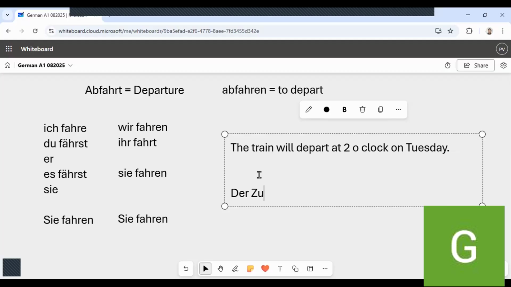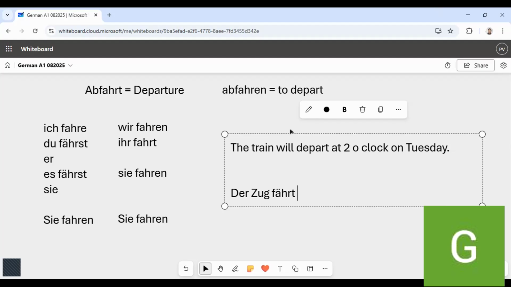Der Zug. Yeah, very good. The train will depart at 2 o'clock on Tuesday. Der Zug. It's not part. Okay.